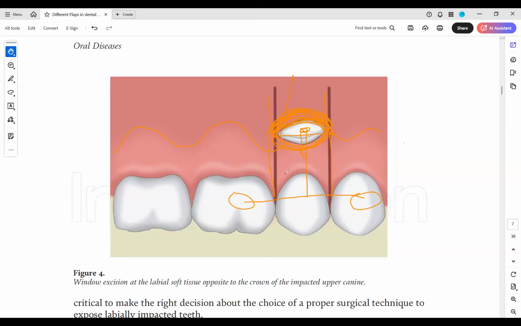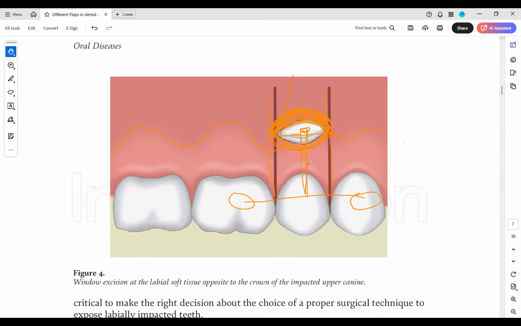So when you're locating this flap back under this position of canine, you're doing an apically positioned flap and you are exposing this canine now, and the traction will happen with the canine exposed. What technique will this become? Right? So bands and brackets, right?